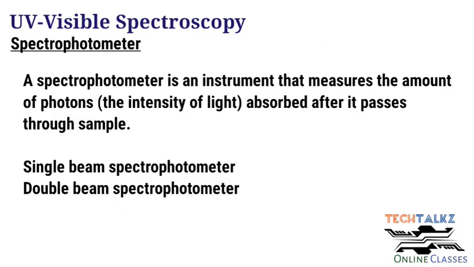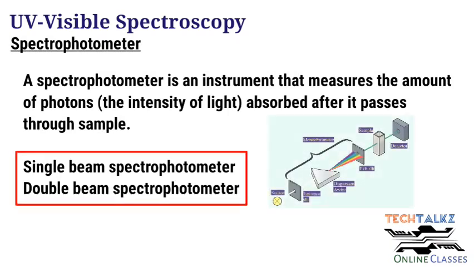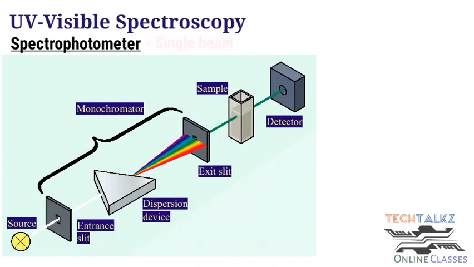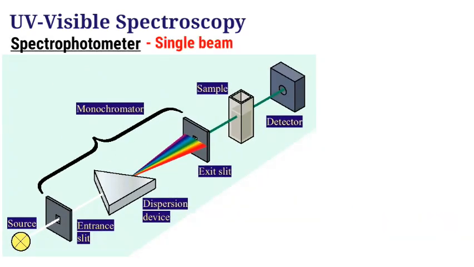The instrument used in UV visible spectroscopy is called the UV visible spectrophotometer. It can be either single beam or double beam. This one is a single beam spectrophotometer. This is the light source. Then it is focused to the monochromator.